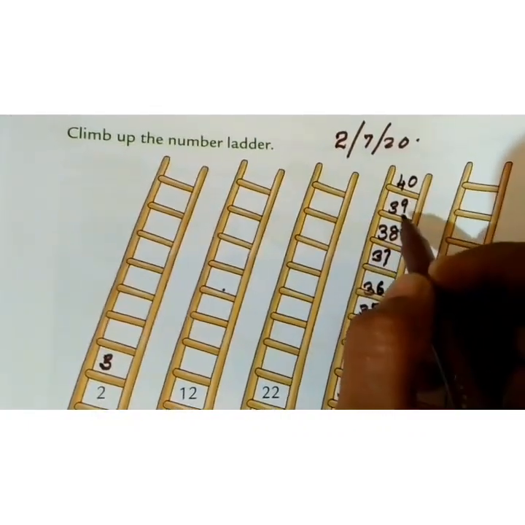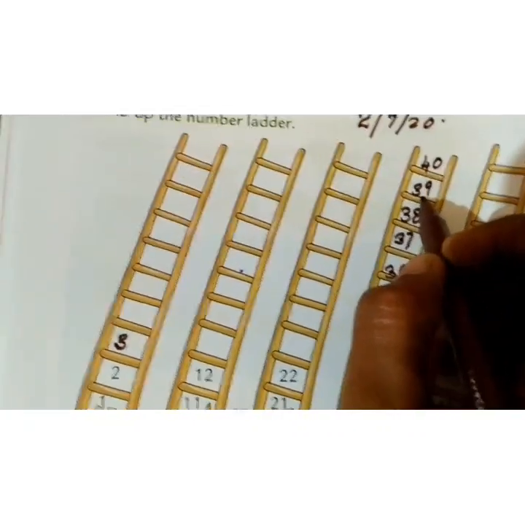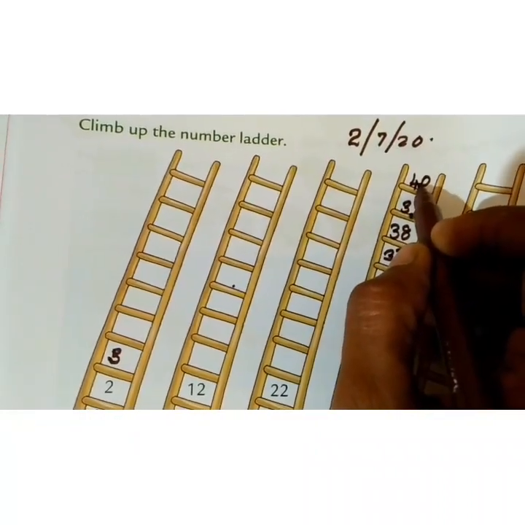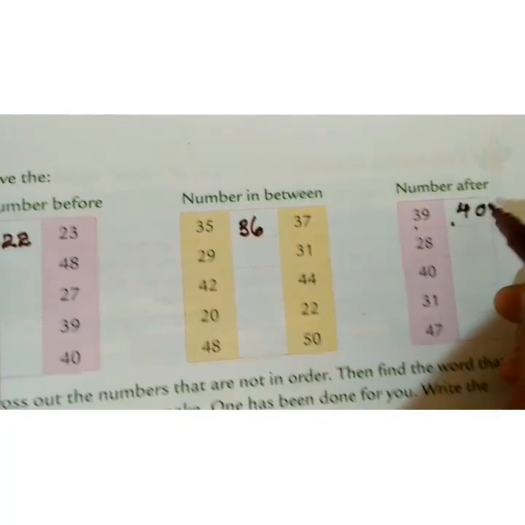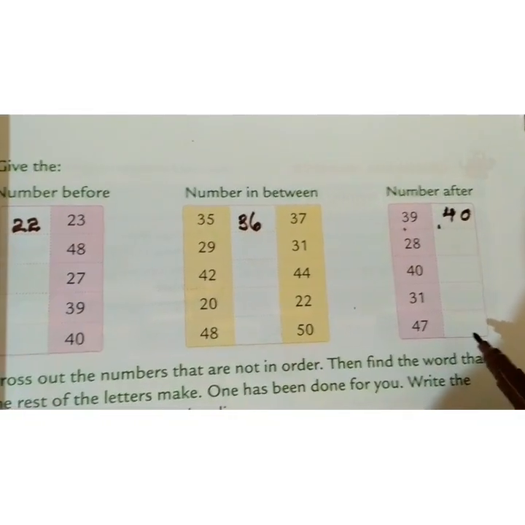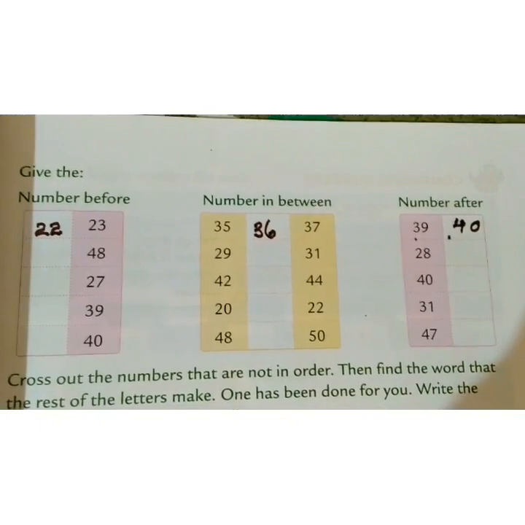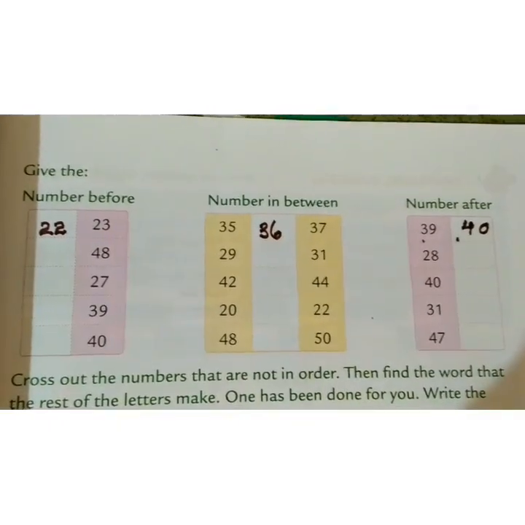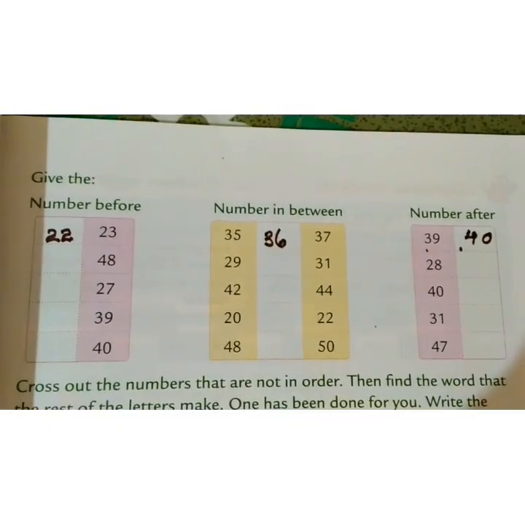Here is the question. What comes after 39? It is 40. So you can write the answer is 40. Okay. So the same way you can finish the number after. Get it? I hope you all have studied this number before, number in between and number after.